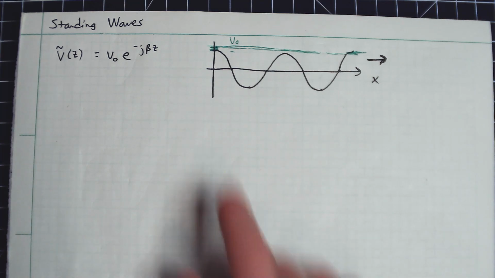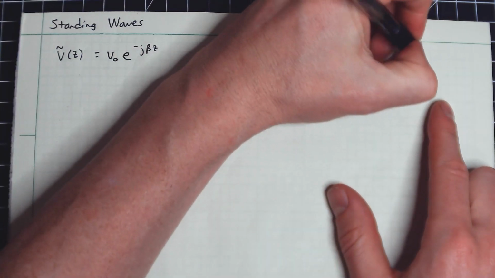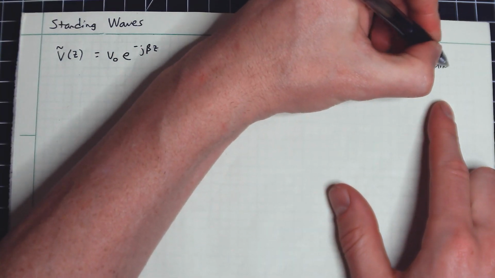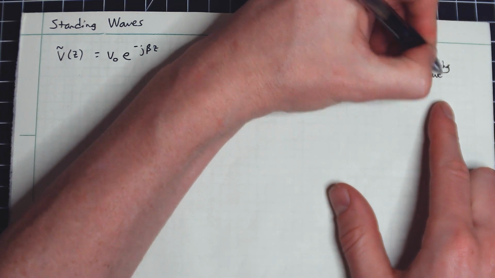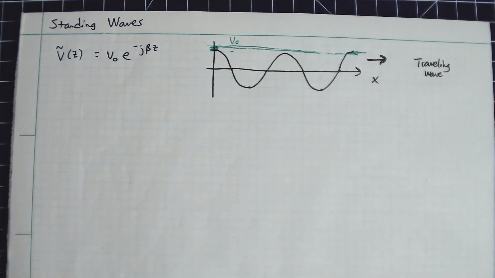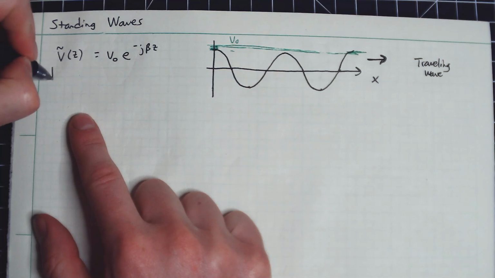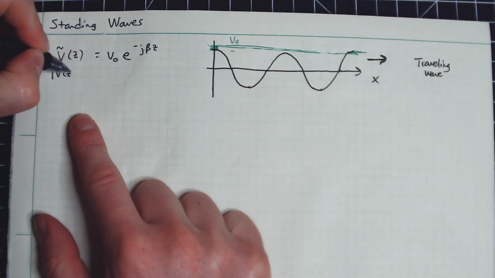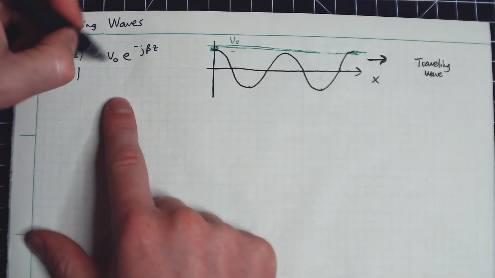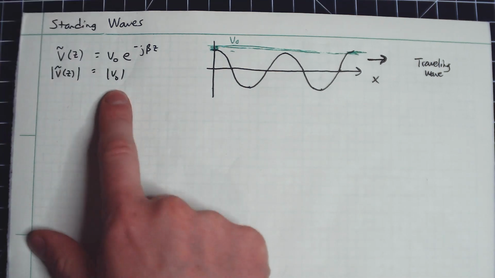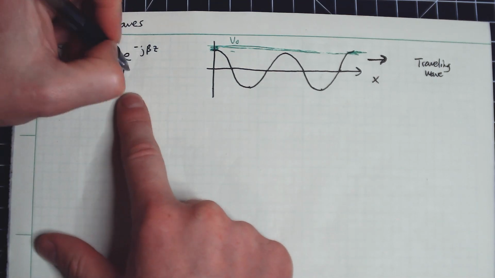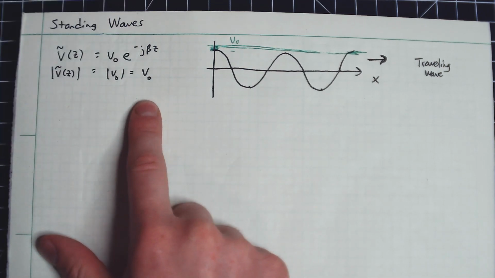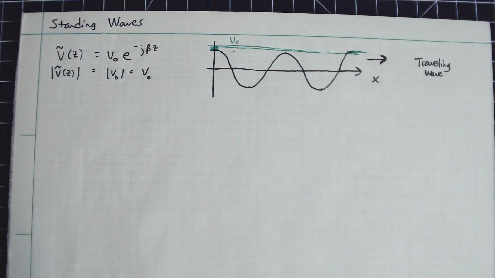All right? So one word for this is called a traveling wave, in the sense that it's traveling to the right. So you imagine taking the magnitude of this thing, like so. I would simply get the magnitude of V naught, which if we assume this is a real value, I just get V naught, like so, because the phasor bit goes away.